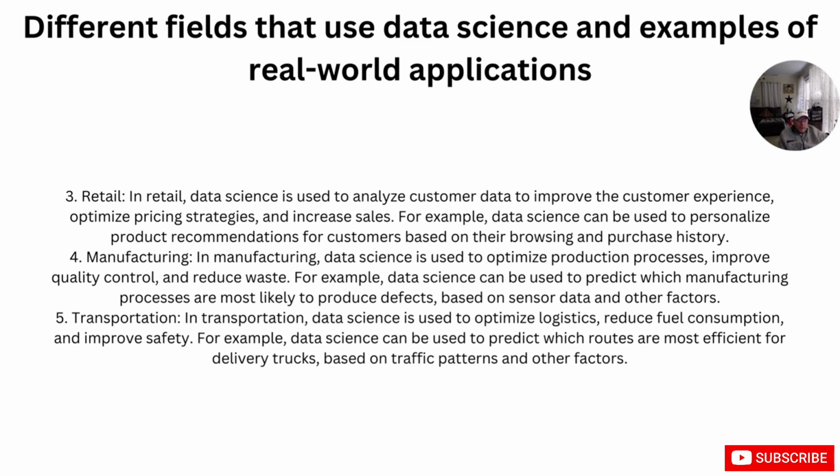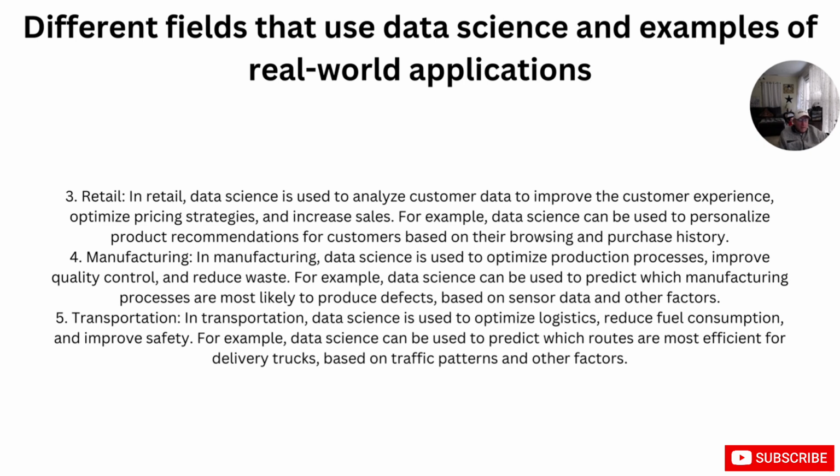In retail, data science is used to analyze customer data to improve the customer experience, optimize pricing strategies, and increase sales. For example, data science can be used to personalize product recommendations for customers based on their browsing and purchase history.